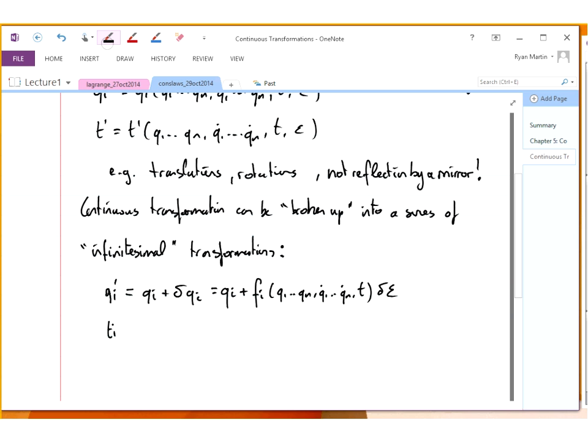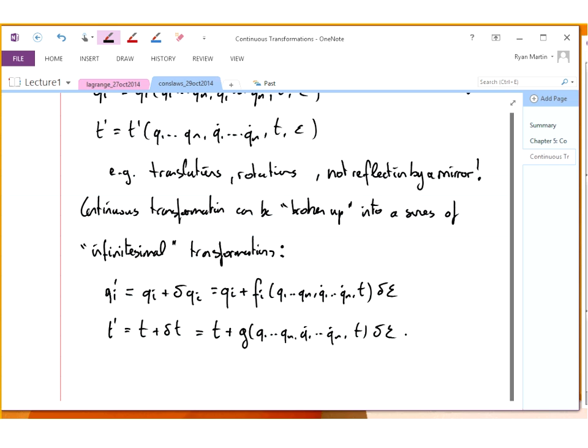Then T primed, only one time, we would express as T plus delta T, and I'm going to write that as T plus G, a different function G of the Q's, Q1 to Qn, Q1 dot to Qn dot, T, and delta epsilon.